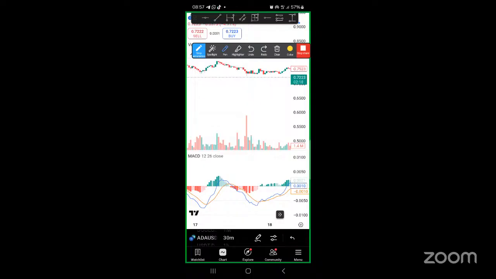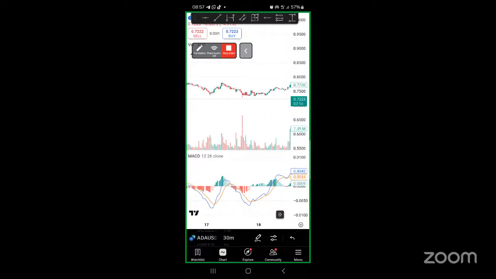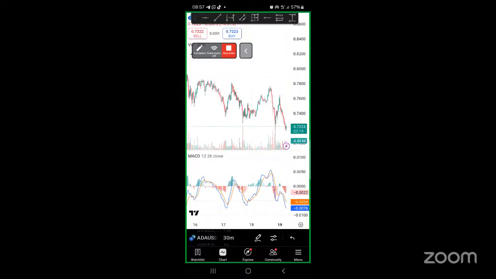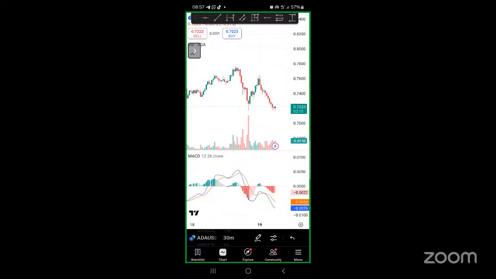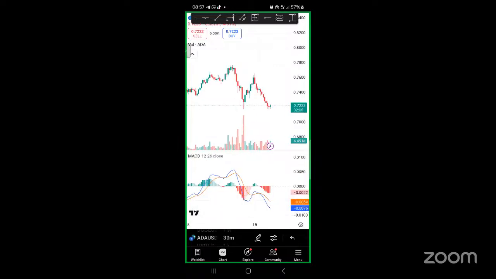When we talk about the candles, I refer to these ones on top here, meaning the buyers and sellers. The blue line looks at 12 candles, the previous 12 candles, and the orange looks at 26 candles.